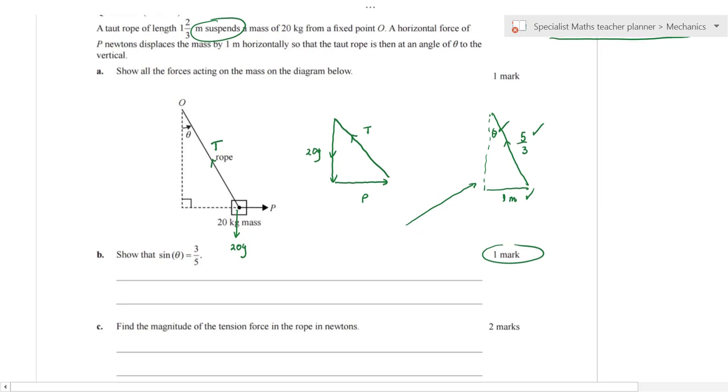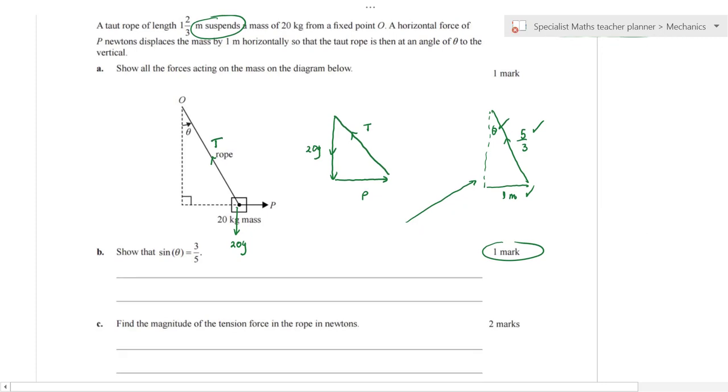So I've got the opposite side of 1, and I'd say that sine theta is equal to opposite over hypotenuse, which is 1 over 5/3, which is equal to 3/5, as required.